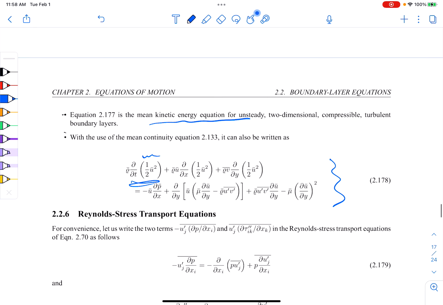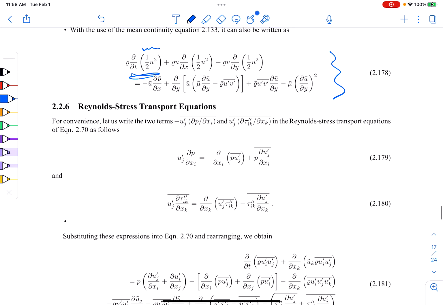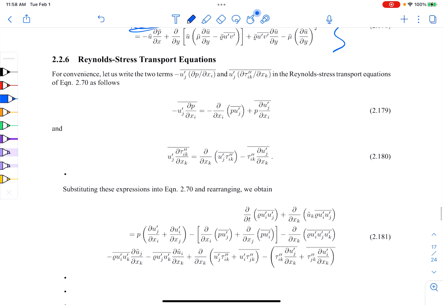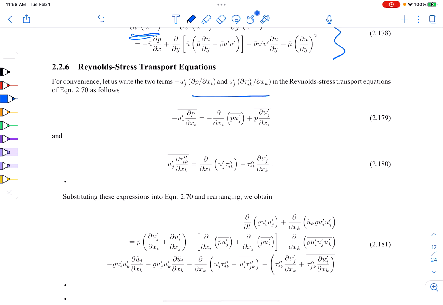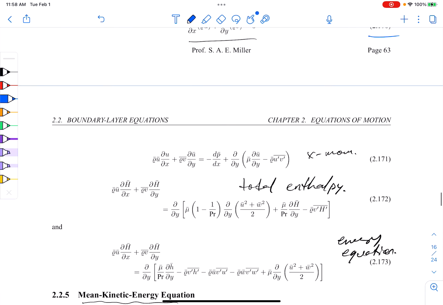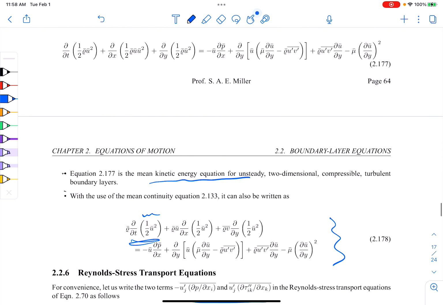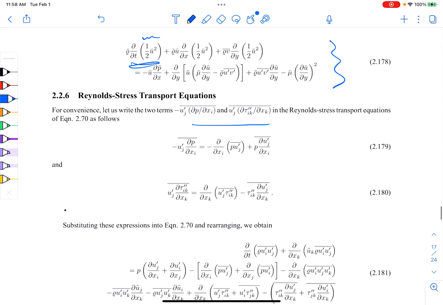And more complicated models might look at Reynolds transport equations, and that's right here. So we can take these particular terms and rewrite 2.170, which is up here, and simplify them a bit.